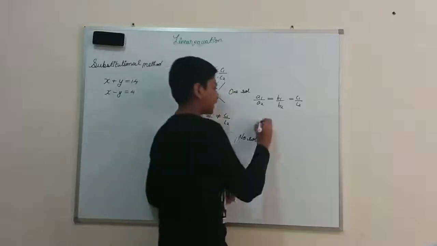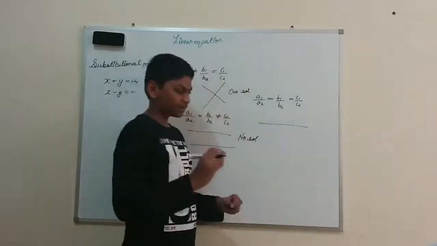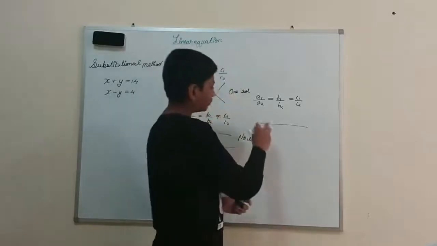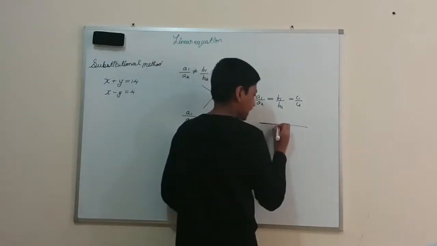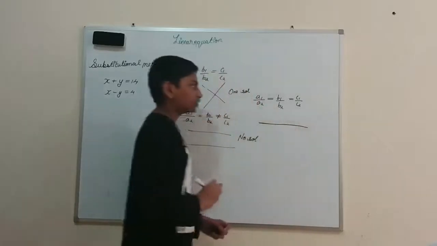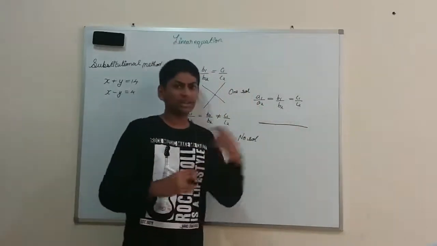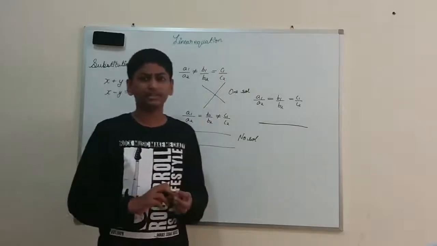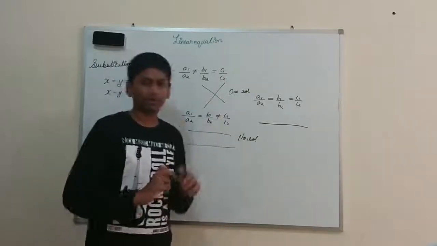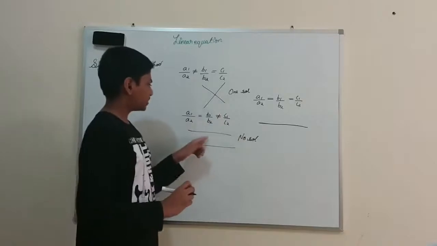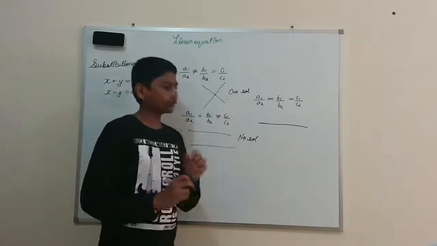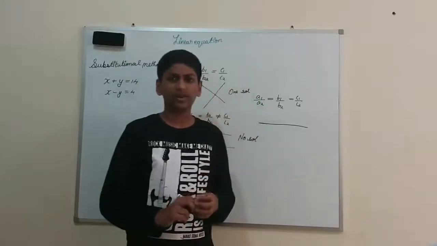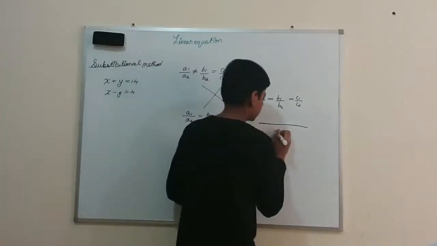For example, if I take this line, a coincident line means there's another line directly above it. They touch infinitely many times, they just keep on touching. Last time they touched at one point, so they got one solution. This time they didn't touch even one point, so no solution. This time they're touching infinite times, so their solutions will also be infinite.